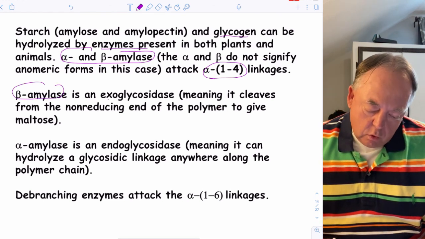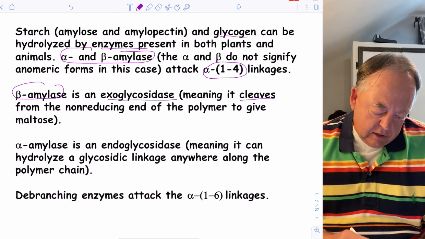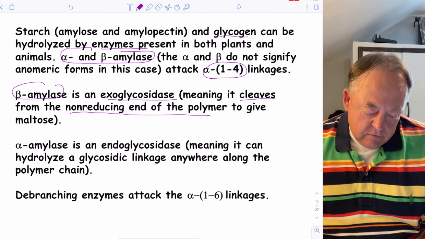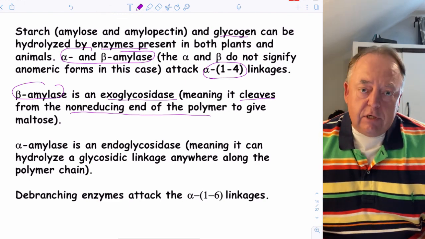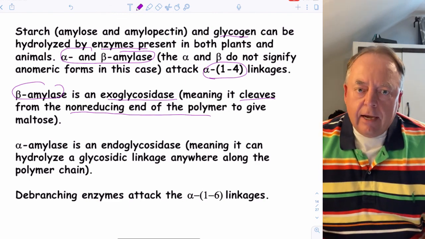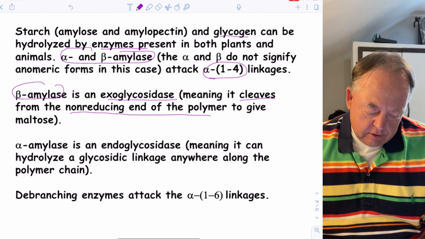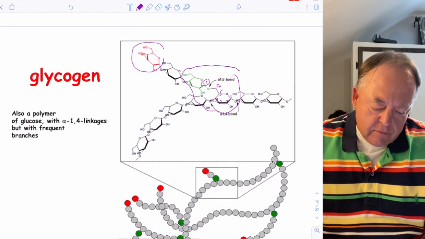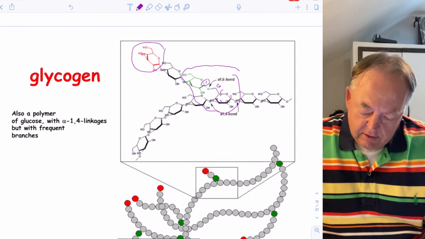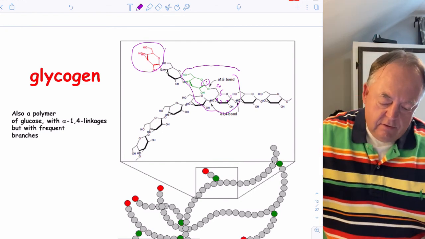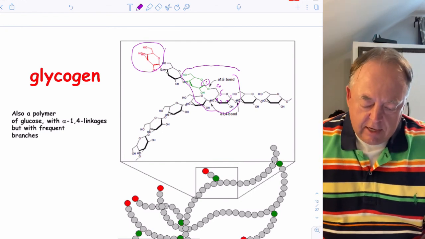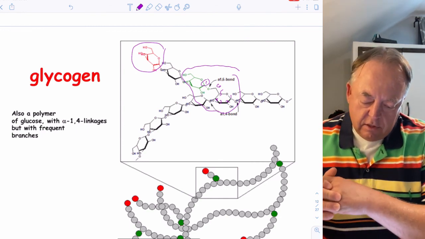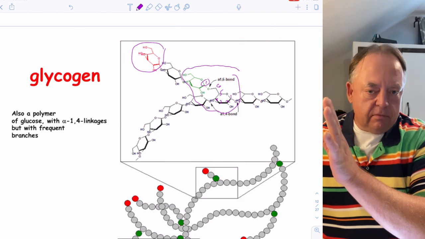It's an exoglycosidase, so that means it cleaves from the non-reducing end of the polymer. If you remember, the reducing end would be the end that has the aldehyde or ketone on it. The non-reducing end is where it cleaves, because at the reducing end, through the process of mutarotation, the hemiacetal form can open up to make the aldehyde.